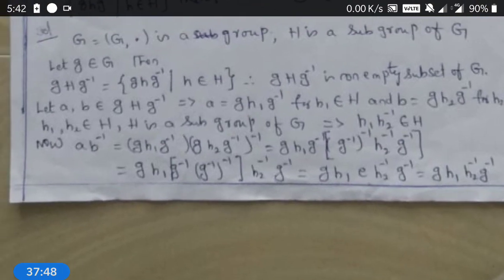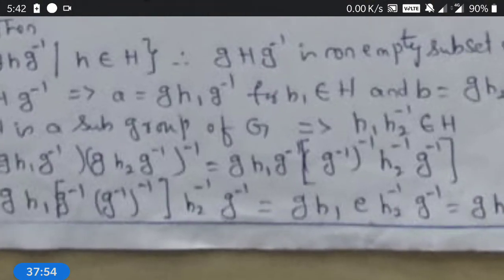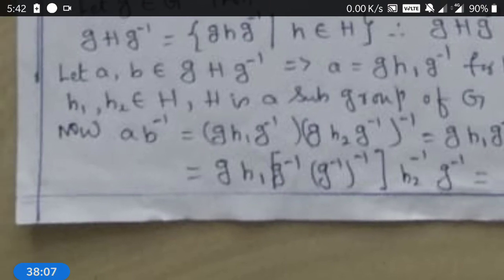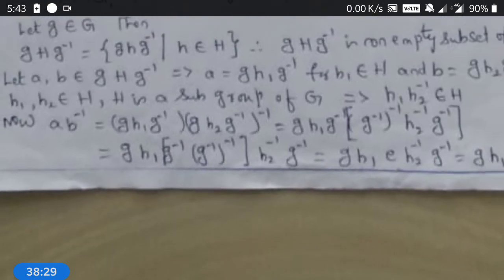Let us assume two elements a, b belong to gHg inverse. This implies a is equal to g h1 g inverse for h1 belongs to H, and b is equal to g h2 g inverse for h2 belongs to H. h1, h2 belong to H, and H is a subgroup of G, implies h1 h2 inverse belongs to H, because the necessary and sufficient condition for a subgroup is that the product of an element and the inverse of another element belongs to H. That's why h1 h2 inverse belongs to H.